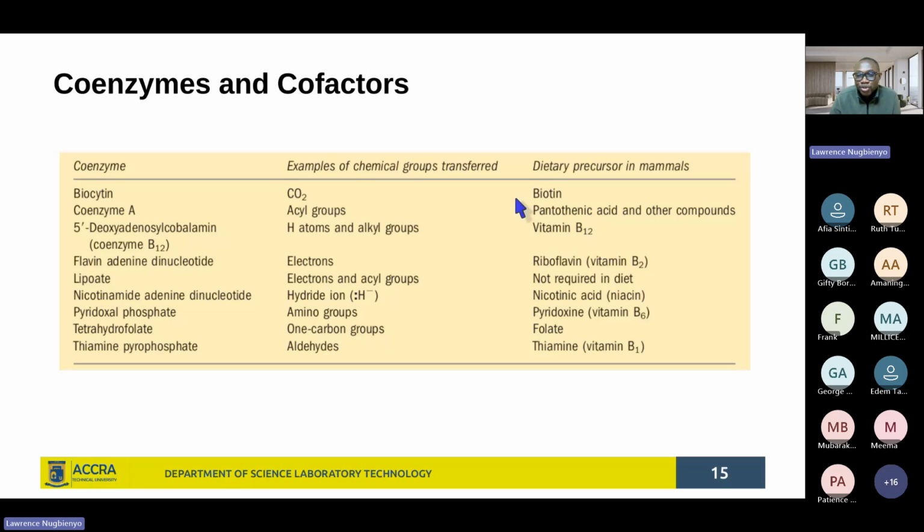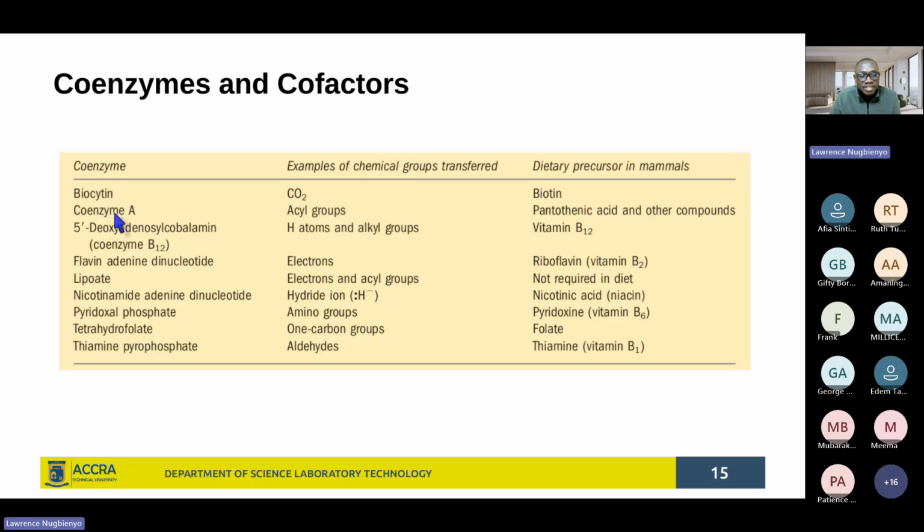So when you consume a vitamin, it is inactive, and that vitamin is converted to an active form. That's what becomes the coenzyme. So biotin, I think, is vitamin B7 or so, and that is activated. Its active form is biocytin.